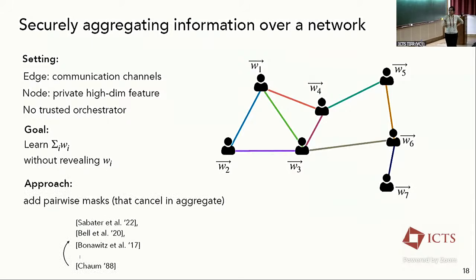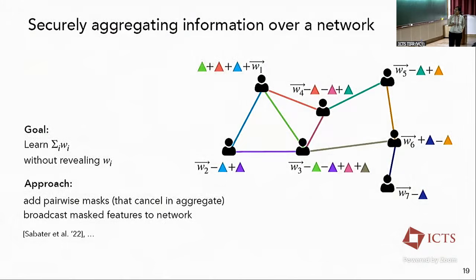This is a problem that's well studied in the privacy and cryptography literature going back to the 80s, where they have a very simple idea. For each pair of nodes that are neighbors on this graph, they compute a mask.